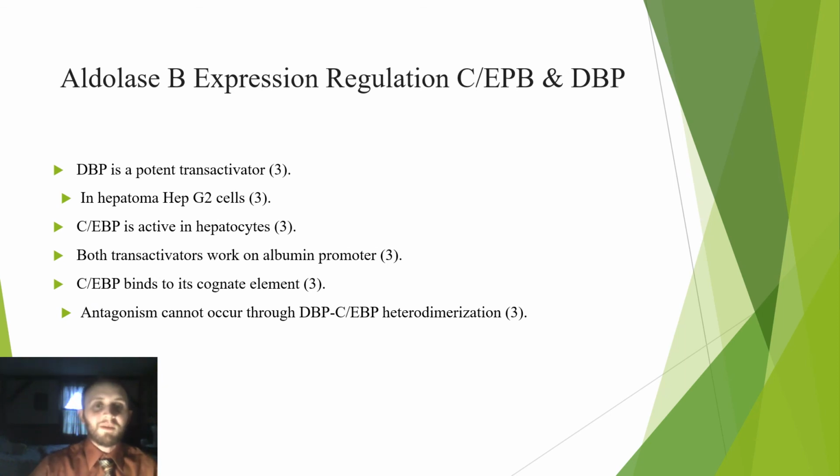Okay, so I'll be talking about the regulation of aldolase B expression by the two final proteins, C/EBP and DBP. DBP is a potent transactivator of the aldolase B promoter in the hepatoma HepG2 cells, but it's inefficient in the hepatocytes of the primary culture, while C/EBP is the other way around, where it's very active in the hepatocytes, but not in the hepatoma HepG2 cells.